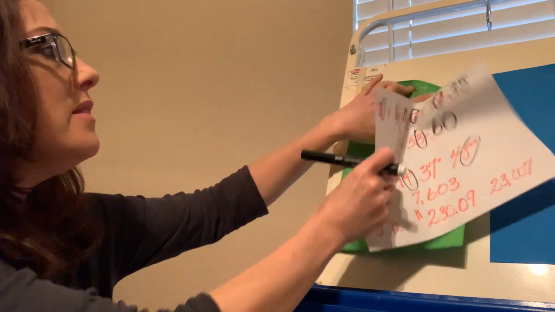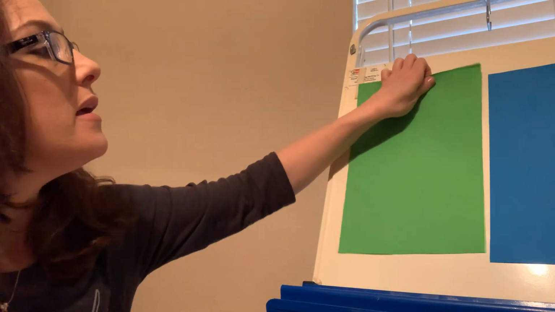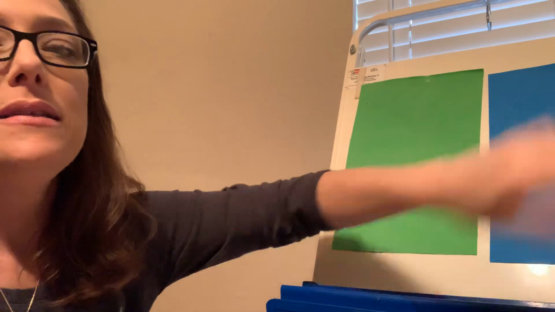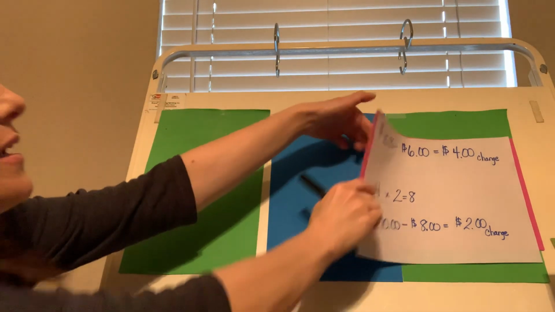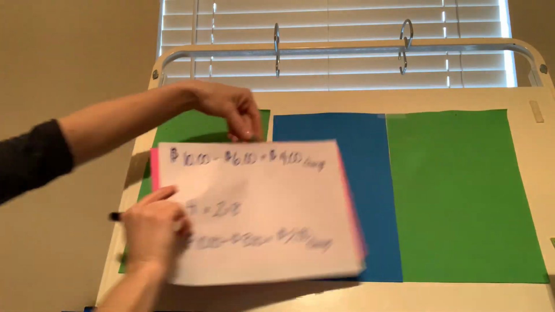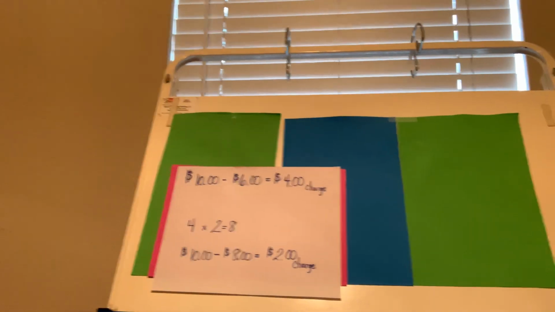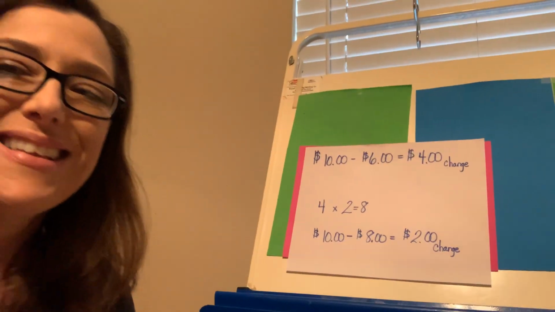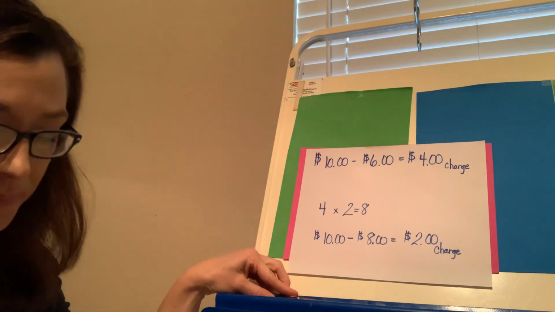The next thing we're going to see in math is, there we go. I'll show you and I'll shift it over here so you can see me in the paper. You're going to practice a story problem.